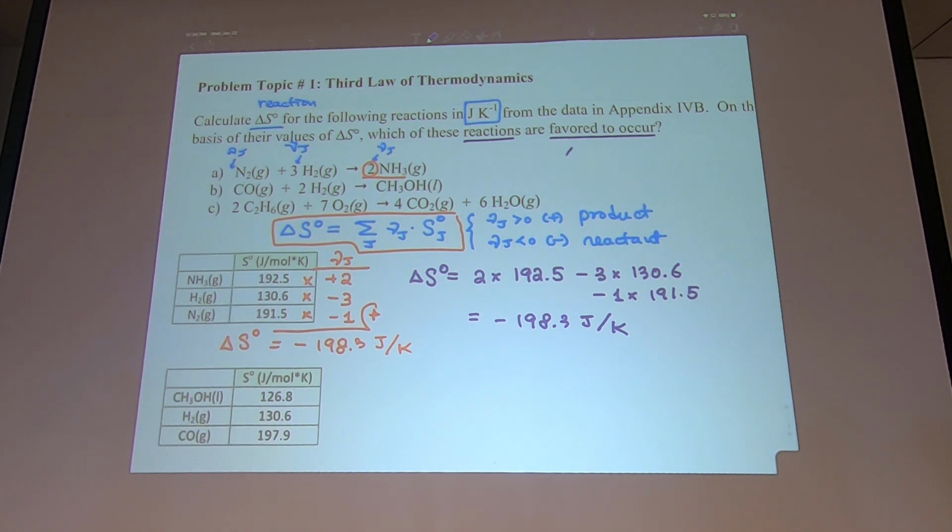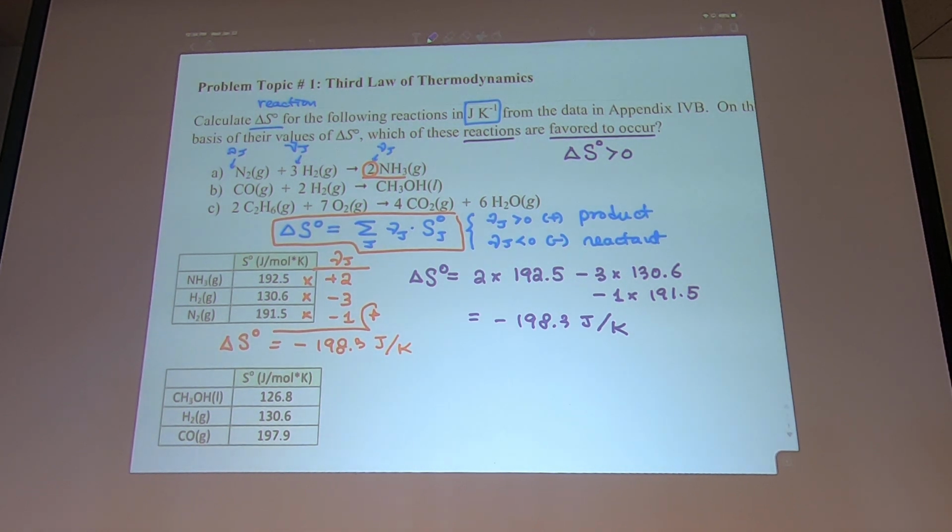I think they are trying to say, because you can only calculate delta S, that if delta S is a positive number, it helps the reaction to be spontaneous. So that's why the reaction is favored to occur where entropy is increasing.